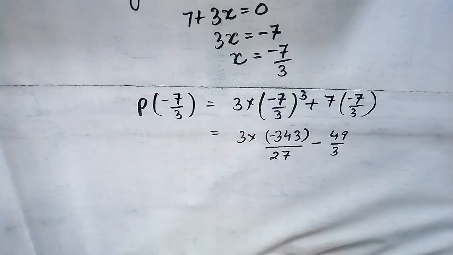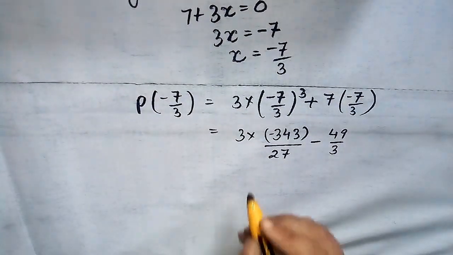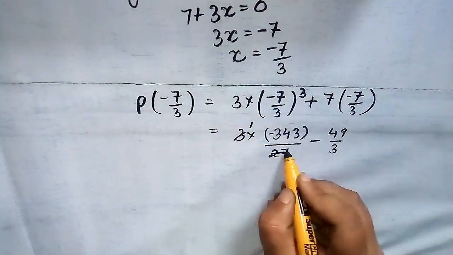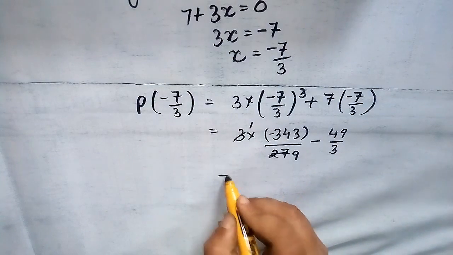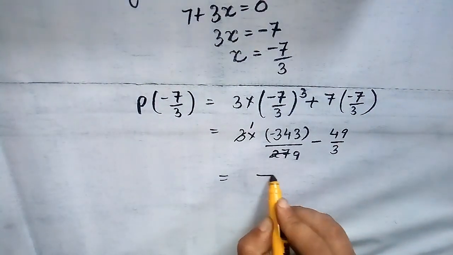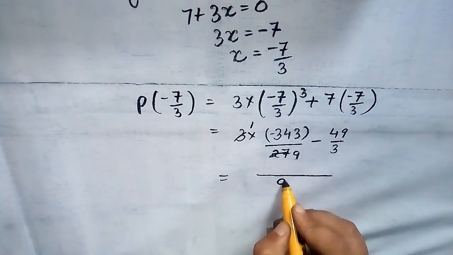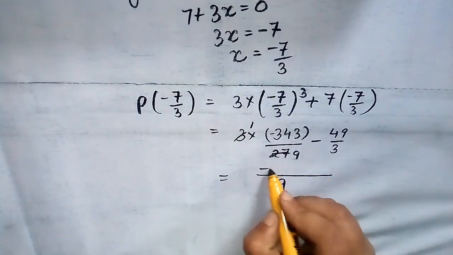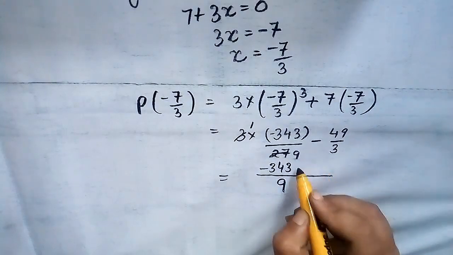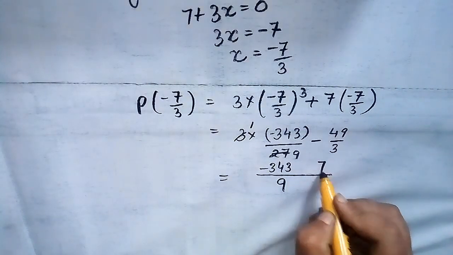So you can see in the first part 3 and 27 can be cancelled. 3 ones are 3, 3 nines are 27. Now take the LCM of the denominators and the LCM will be 9. So 9 ones are 9 and 343 ones are minus 343, and 3 threes are 9.